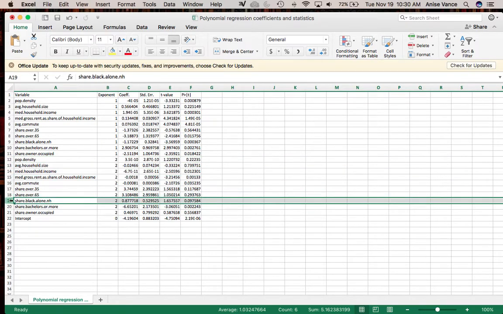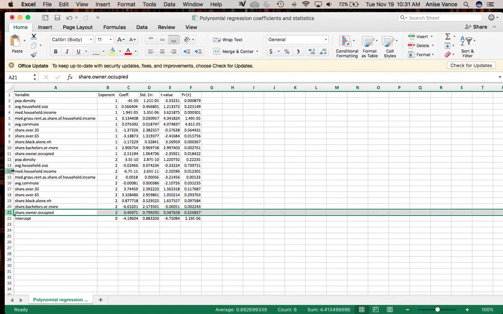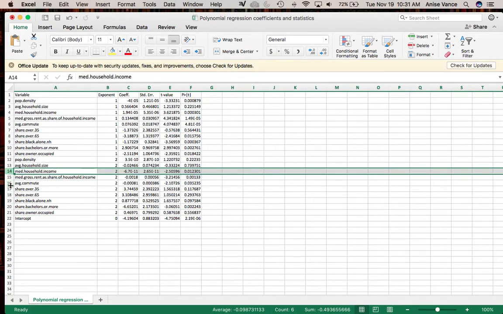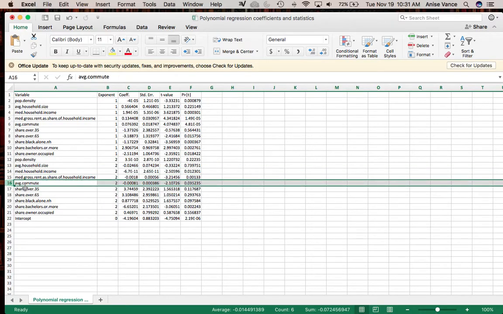Again, this confirmed that some of the top predictors that we saw in the WEKA analysis are consistently associated, whether it's in linear regression or polynomial regression under an exponent 1 or 2. That's except for share owner occupied, but median household income, average commute continue to be very highly associated.